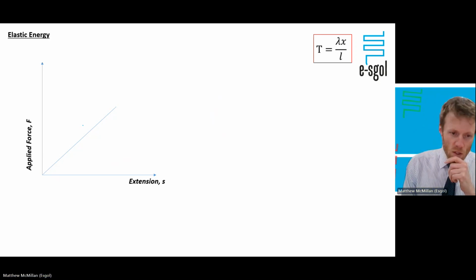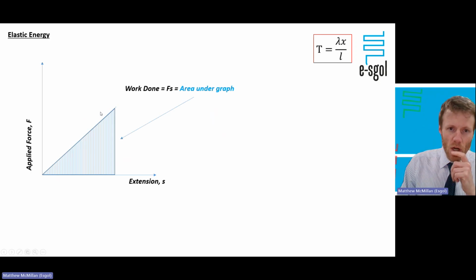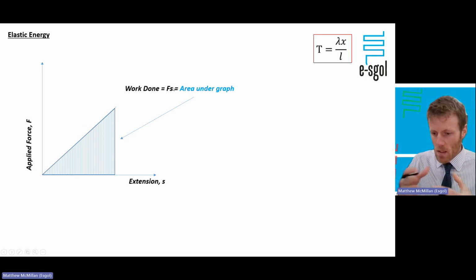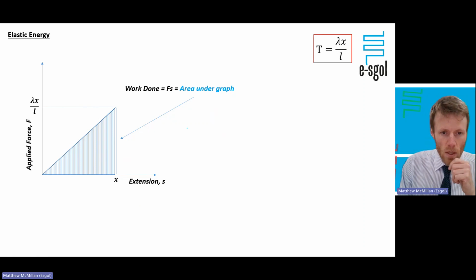Now, to find the work done, we do the force times the distance, or the force times the displacement. In our graph here, that would be the area under our graph, which we can work out because it's just finding the area of a triangle.